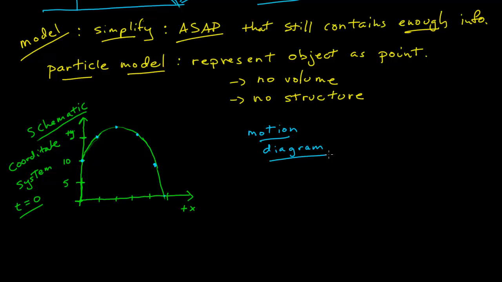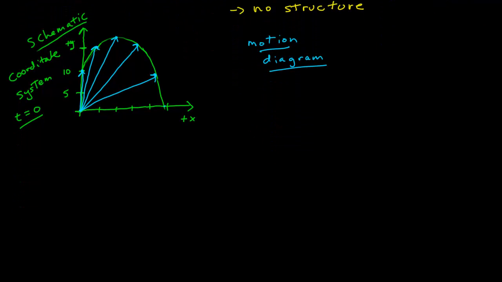Now that I have a motion diagram, I can represent each of these points in space with a vector. So each of these points can be represented quantitatively with a vector. And now I'm just saying that I've been able to measure this accurately. This is 5 meters, 10, 15, 20, and 25.